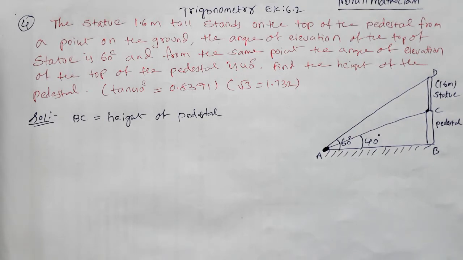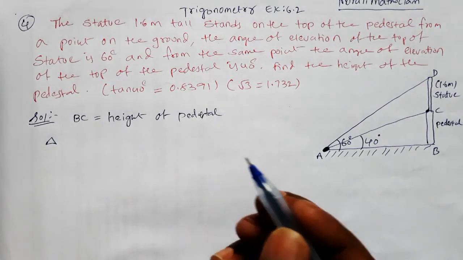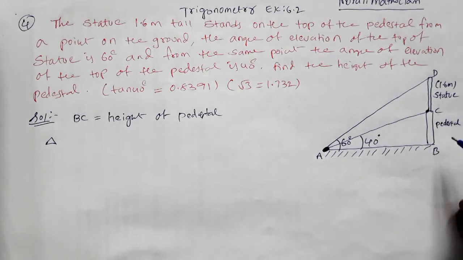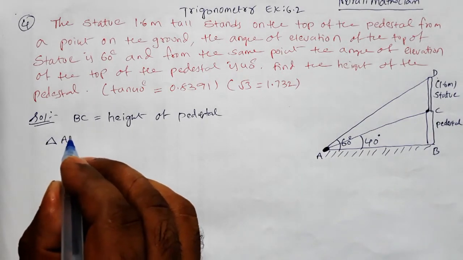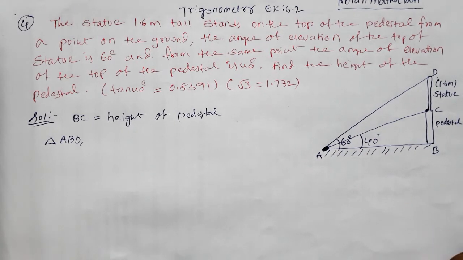We want to find the BC answer. For that, first you have to take one triangle, triangle ABD. In triangle ABD, we can apply tan 60.